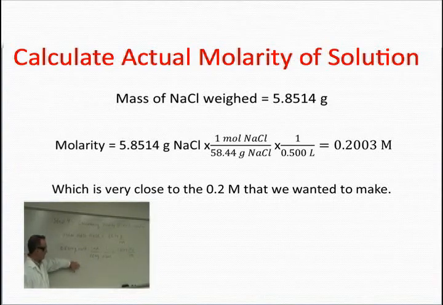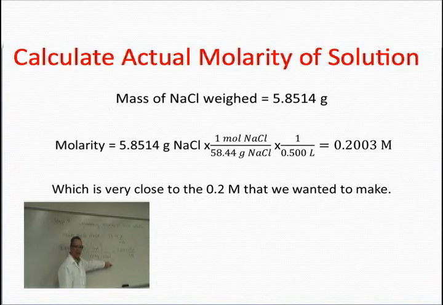To calculate the molarity, take the grams of NaCl, divide by the molar mass. Notice, 5.8514 grams of NaCl times 1 mole divided by 58.44 grams. That's the molar mass.